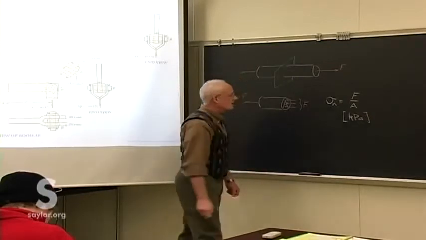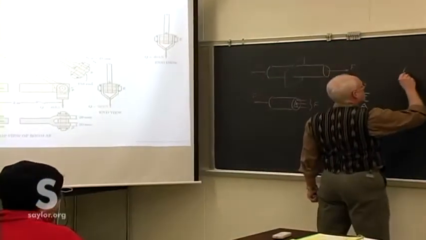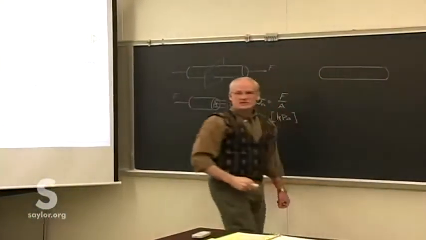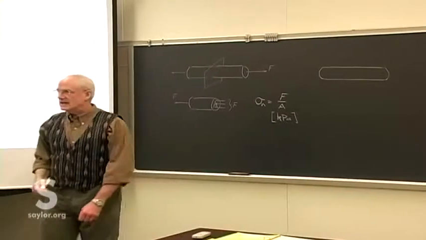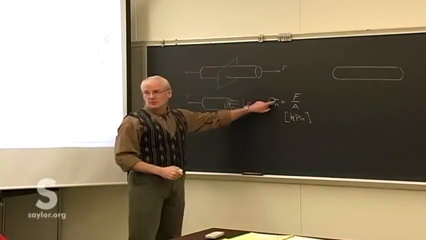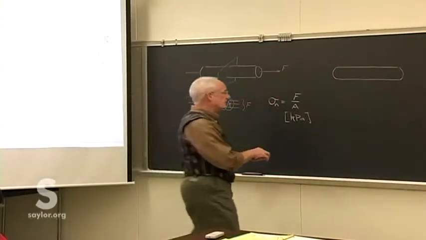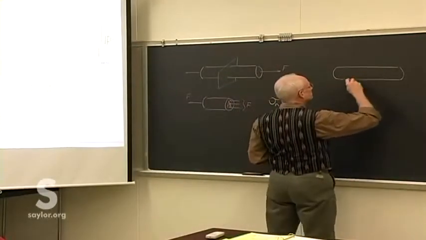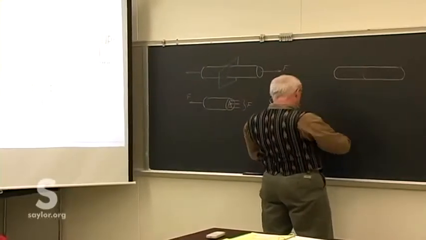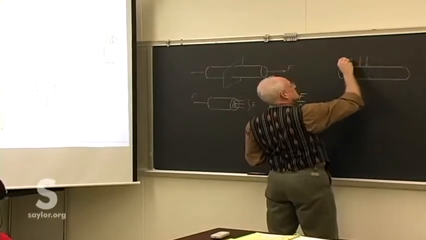So we had that as our first look at the possible type of loading and the stresses associated with that internally to the material. It's the material's ability to withstand these stresses that tells us whether or not we're going to have some kind of catastrophic failure. We also then had the other possibility of not axial loading of some kind, but transverse loading.